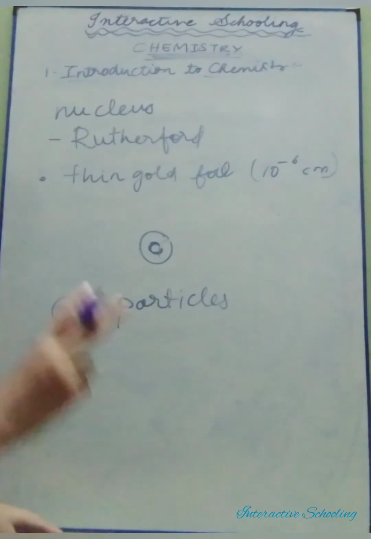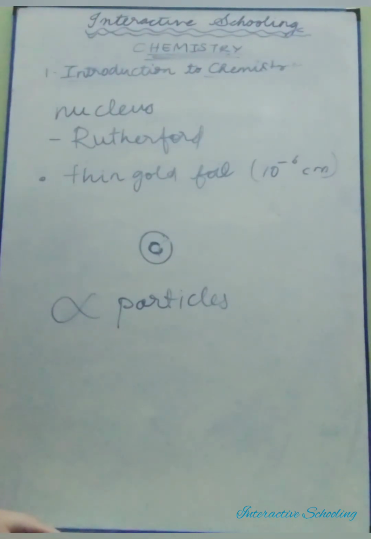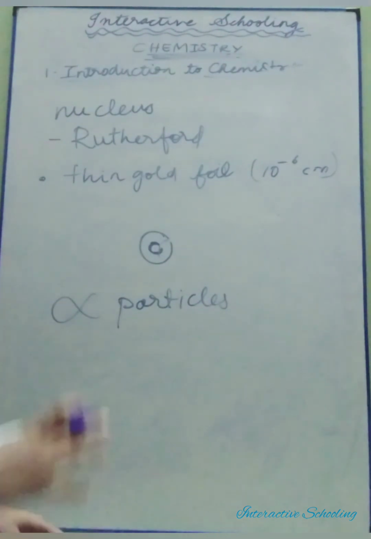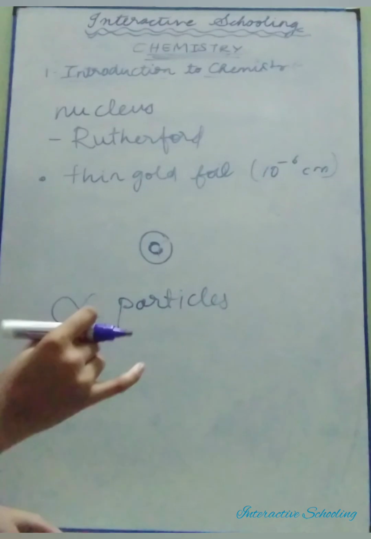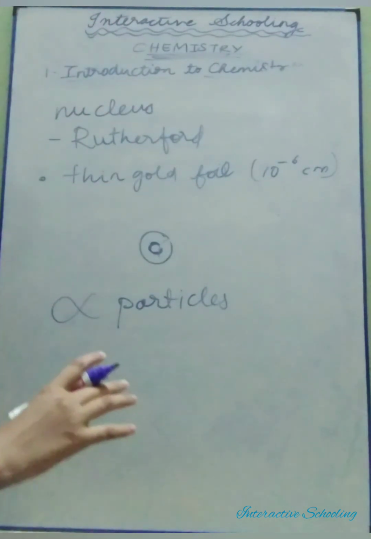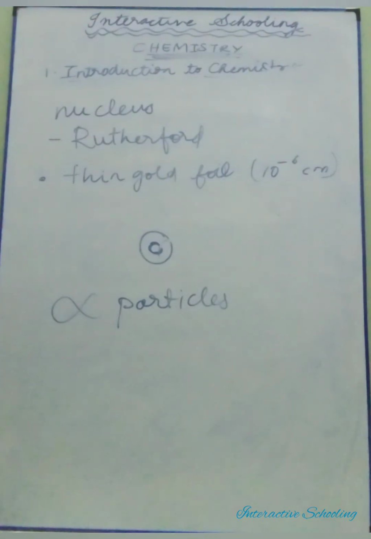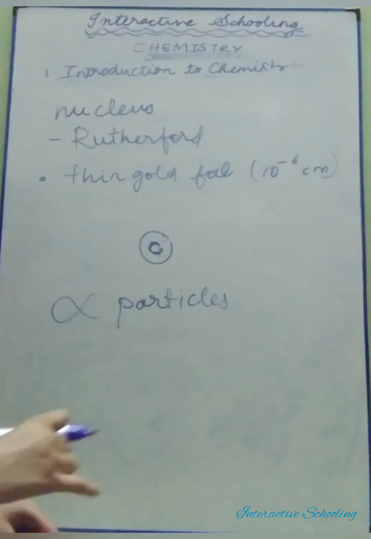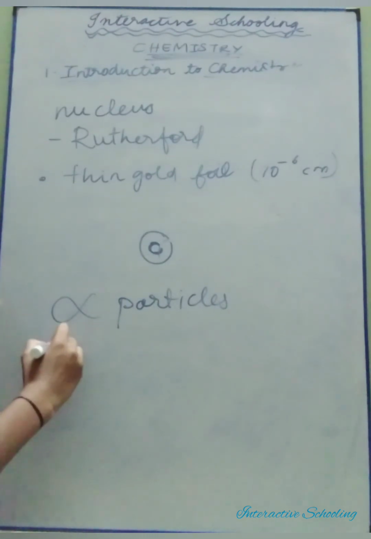So helium is the second element, and if you remember in the pure or impure substances video, we had learned the classification of elements: metals, non-metals, metalloids and noble gases. Noble gases are unreactive. Helium is also a noble gas, but what they did, they somehow removed the electrons from it.